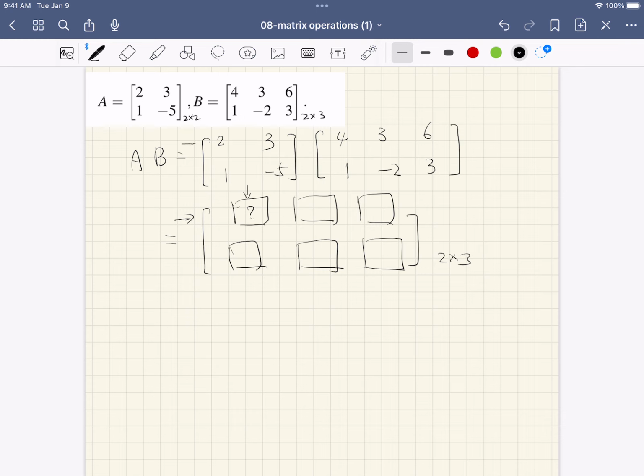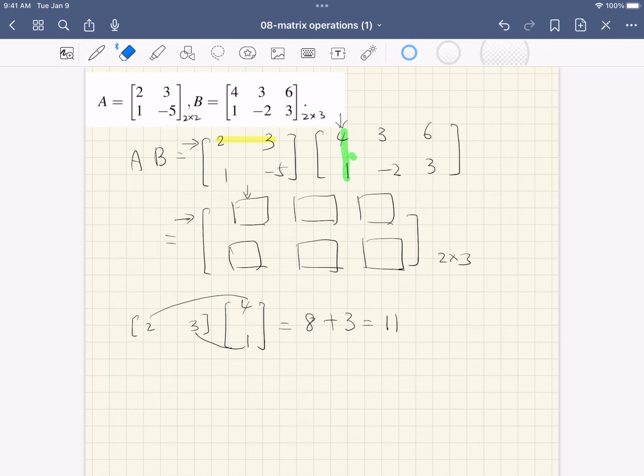Then here, first row, first column. In other words, 2, 3 and 4, 1. So 2 times 4, 3 times 1, gives 11. So we get this 11.